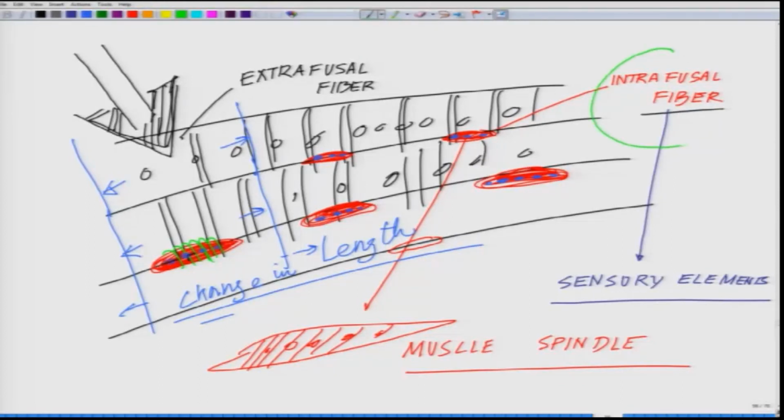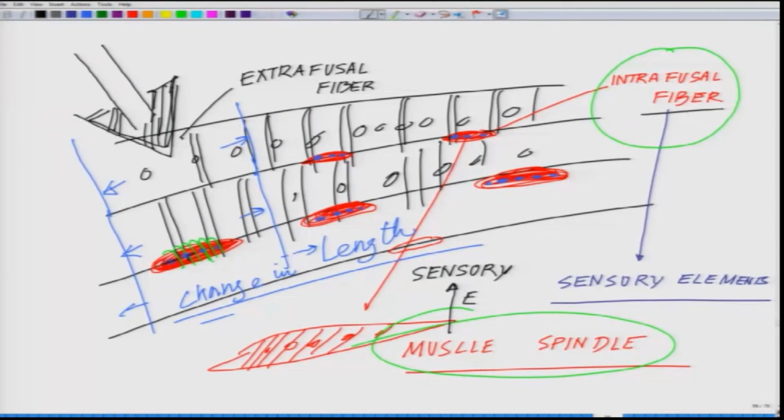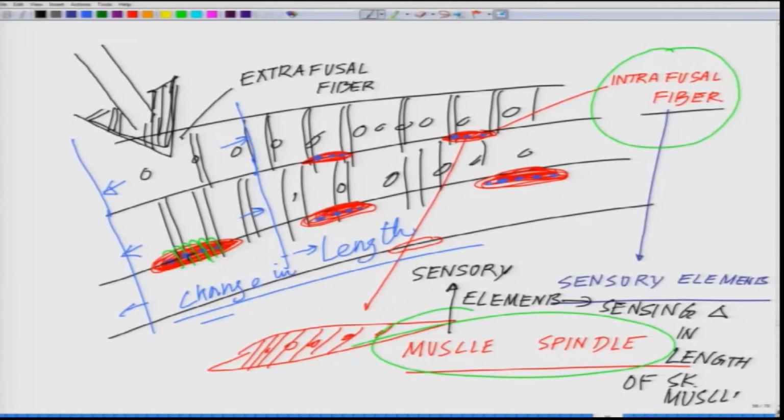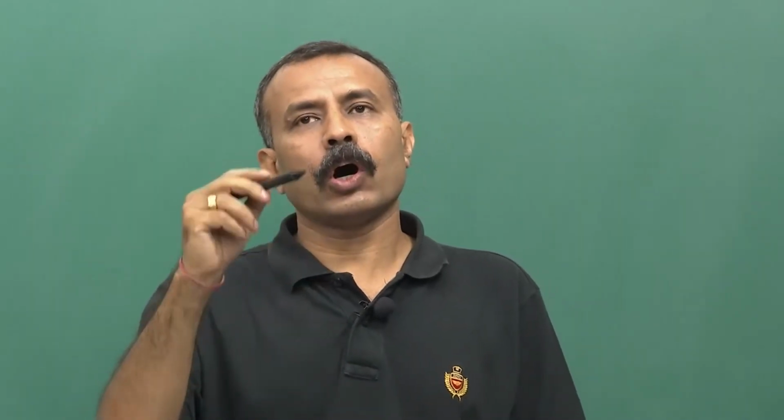Here you have the intrafusal fiber in the form of muscle spindle, that is the terminology used, which are the sensory elements sensing change in length of skeletal muscle.